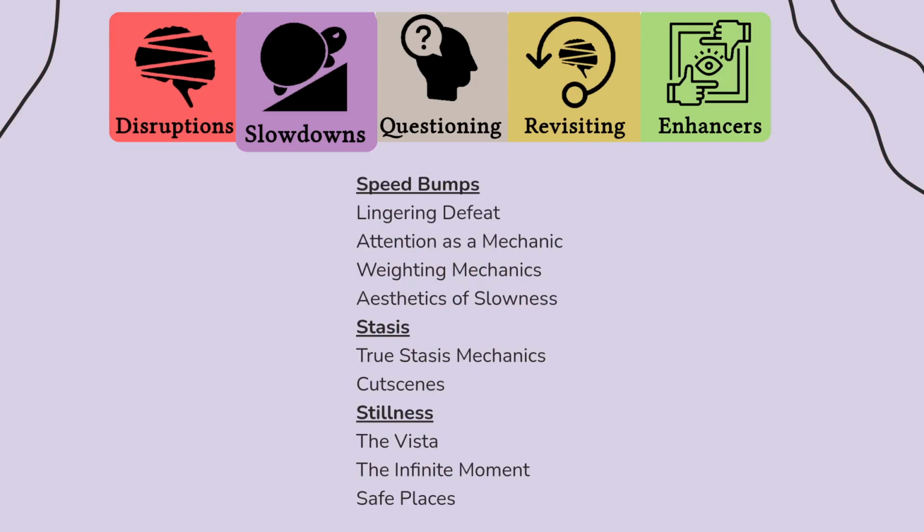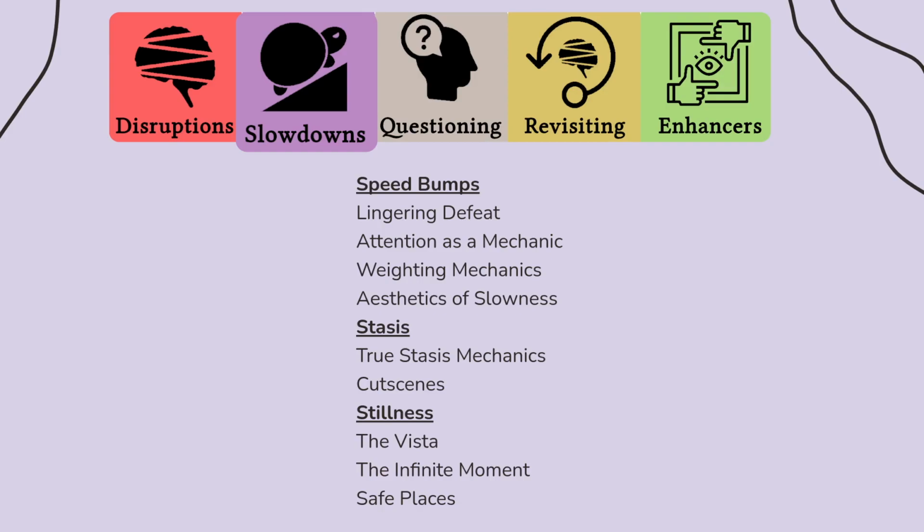Within slowdowns, there are speed bumps, which are mechanics that get a player to slow down. For example, there might be heavy wind buffeting the player's character. That way they can't progress as quickly as they want, and they spend a little bit of time thinking about earlier disruptions that have happened. There are stasis patterns, which are a little more direct.